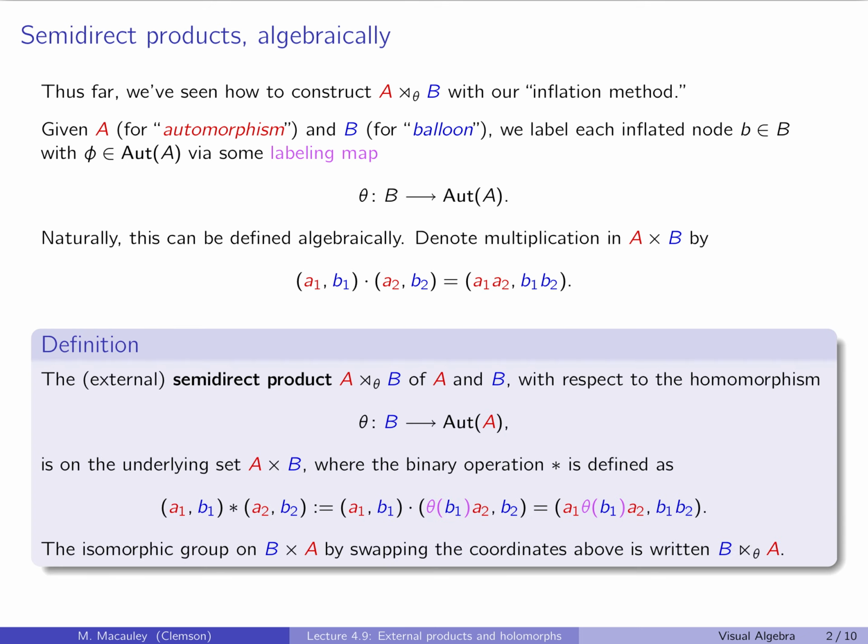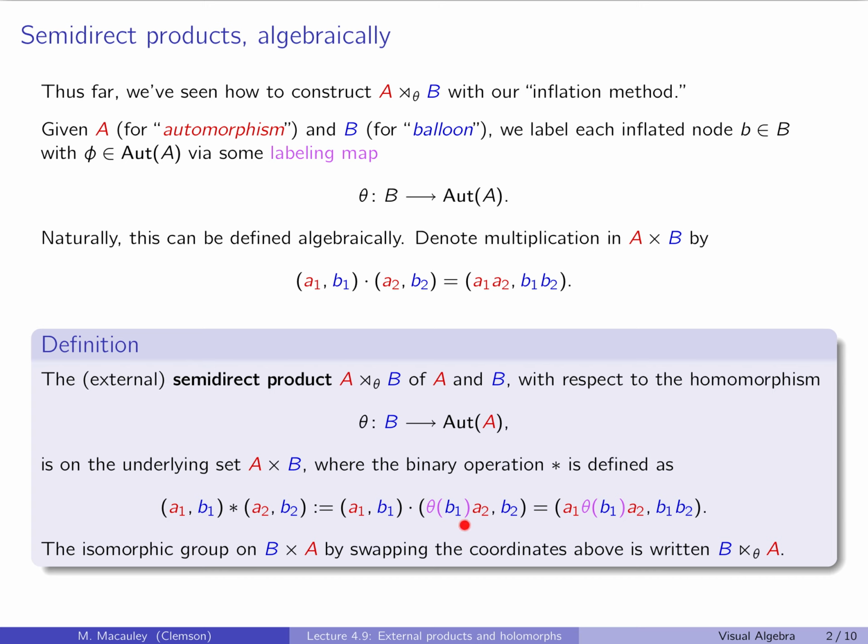The external semidirect product of A with B via some labeling map theta is also on the same underlying set, A cross B. However, the binary operation is a little bit different. I'm going to use a star or asterisk instead of a dot for this. It's defined as follows. (a1, b1) star (a2, b2) is the regular Cartesian product up here of a1, b1 with, well, instead of a2 b2, it's an automorphism applied to a2 with b2.